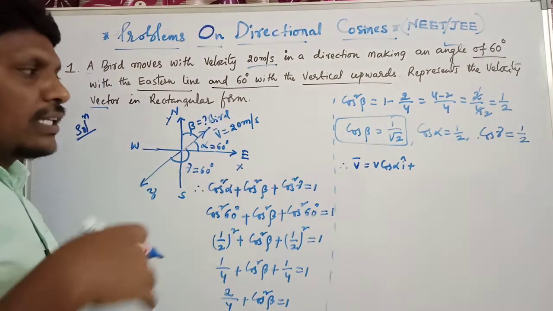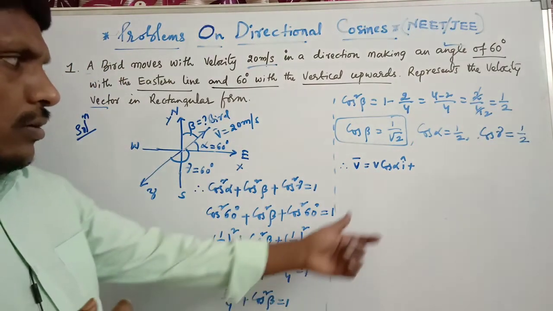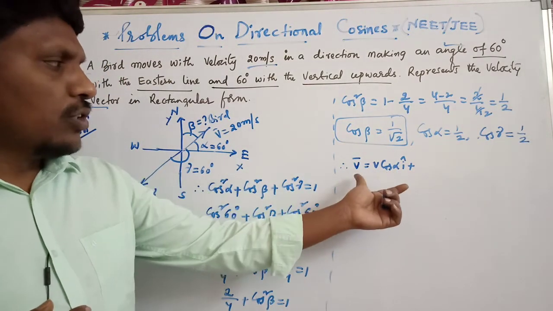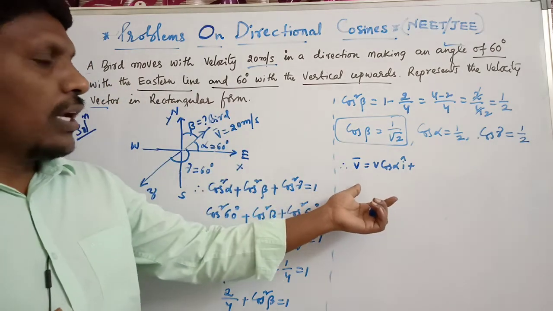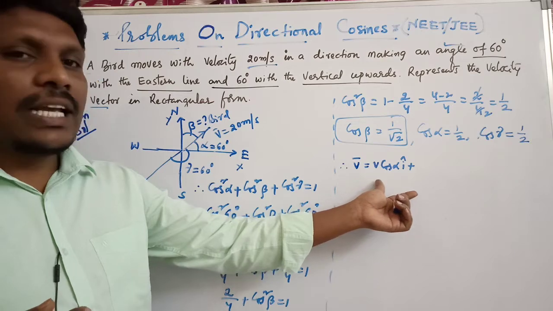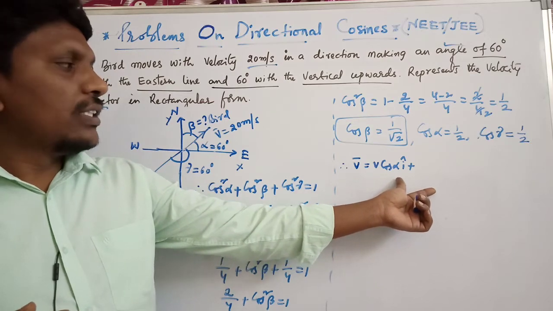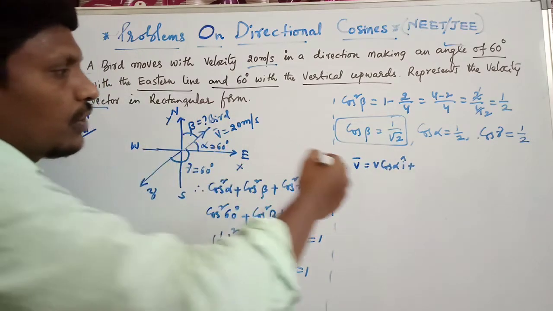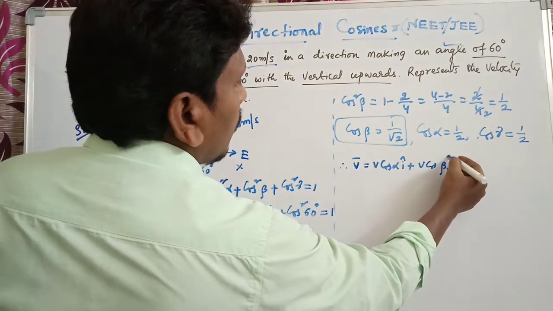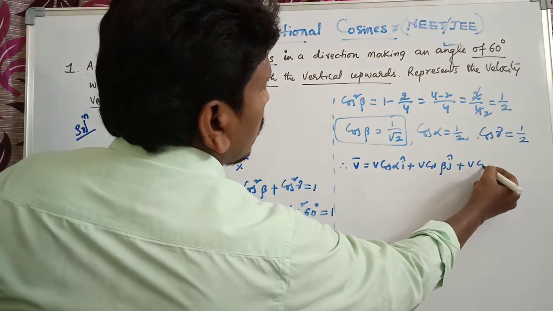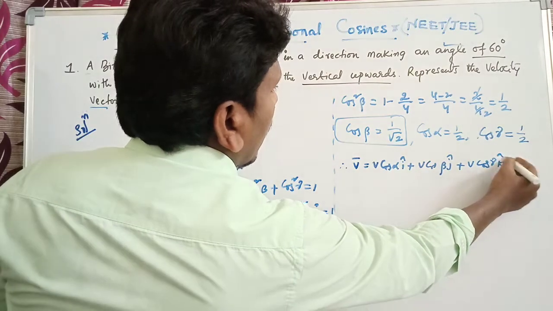We have to write it in orthogonal vectors, position vector. For example, r bar is equal to x i cap plus y j cap plus z k cap, like that. So v cos alpha i cap, v cos beta j cap plus v cos gamma k cap.